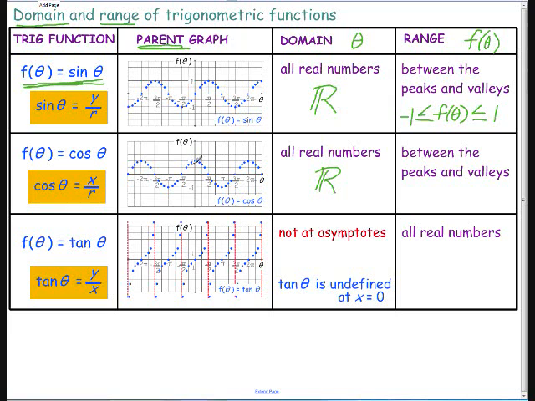That's what we see. It's 1 when the angle is 0, and when we get to 90 degrees, it's 0. Then it goes negative and comes back. So again, it's between the peaks and the valleys, and if we're talking about the parent graph, the peaks and the valleys are going to be right there.